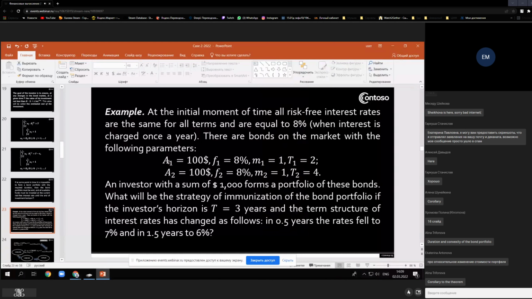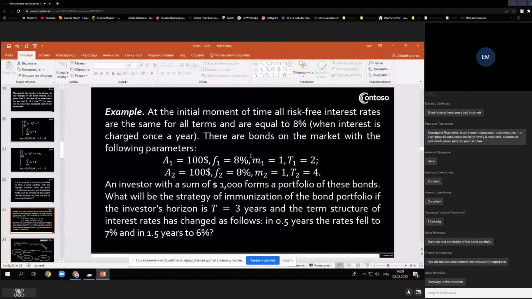The current price of the first bond is equal to 100, which is equal to the face value, due to the fact that the internal rate of return is equal to the coupon rate. In this case, if you go back to the property of the rates of the bond, the current price will be equal to face value. Let us suppose we have a sum of $1,000 we are investing in these bonds.